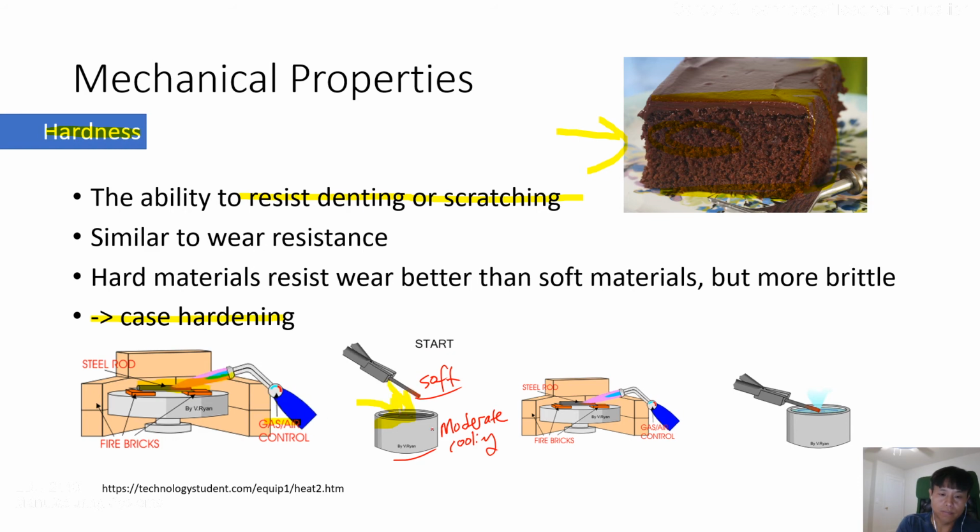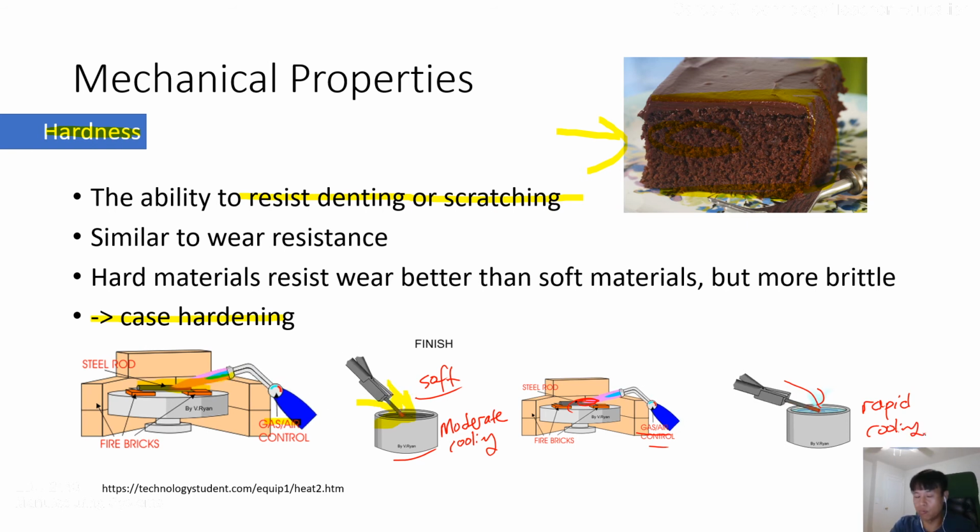Then once again, they increase the temperature using a gas torch, particularly on the outside, and put it into water. That is rapid cooling. Rapid cooling makes the material hard.